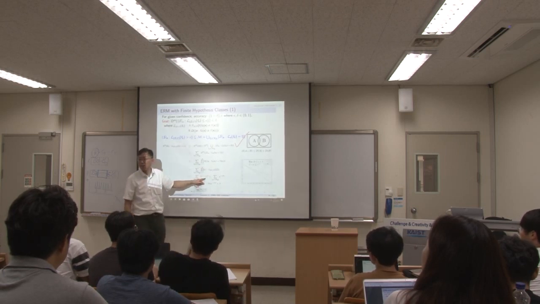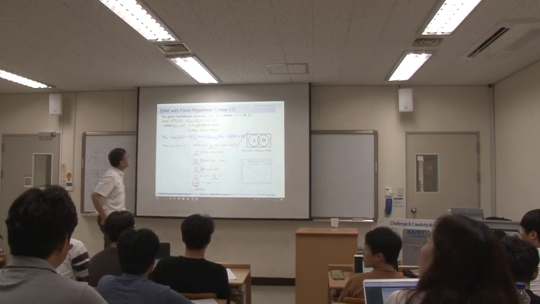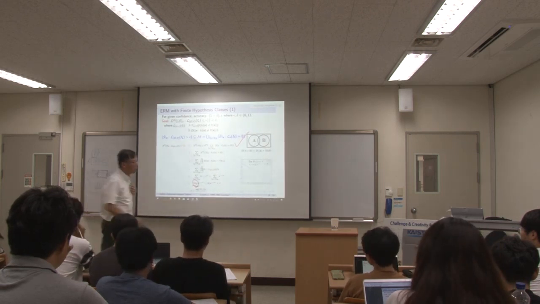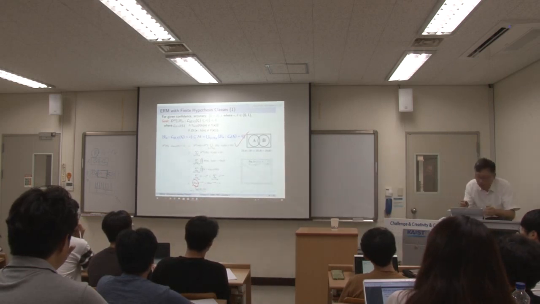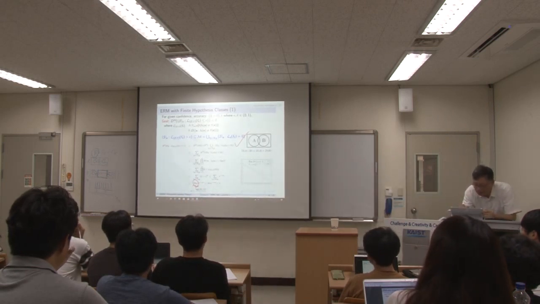It's the probability of a large loss that we bound, not making the loss small. Oh yeah, so it's the other way around. Okay, thank you.